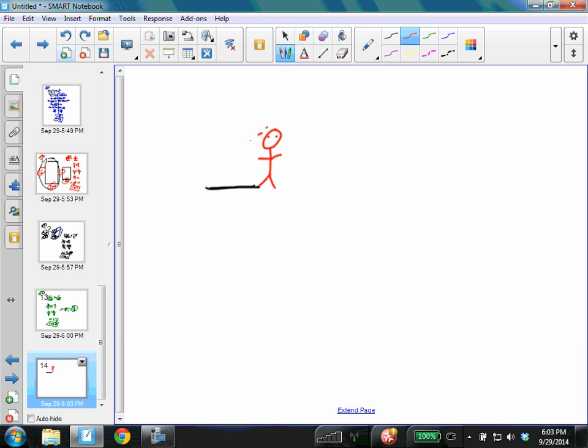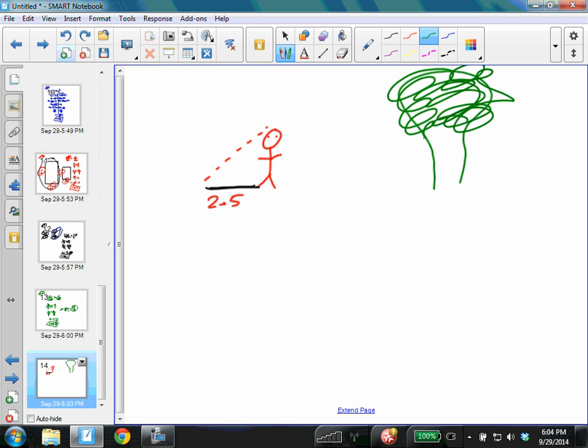And they told us that the shadow is 2.5, and so you can see the 2.5 on the picture. And then there's the tree. And we're told that the tree casts a shadow that's 10 feet long.